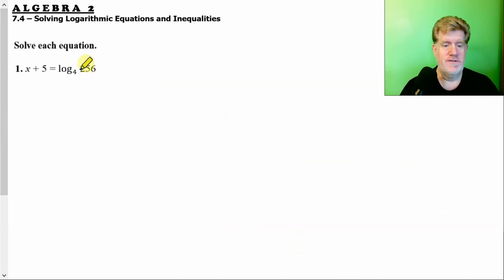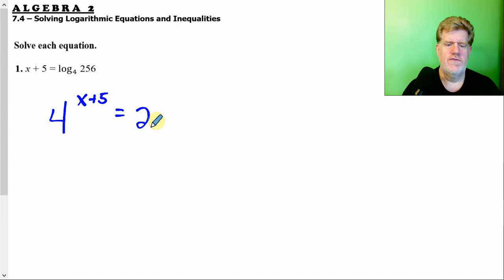So let's start with this. x plus 5 equals the log base 4 of 256. Now all I want you to do is to rewrite this the same way you've been writing them. So this 4 is your base. This x plus 5 would be your exponent, and it would equal 256. And now we solve that the way we've been solving these problems.